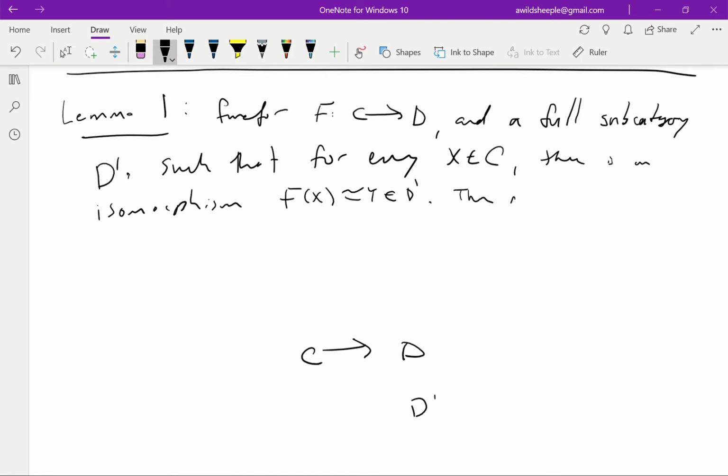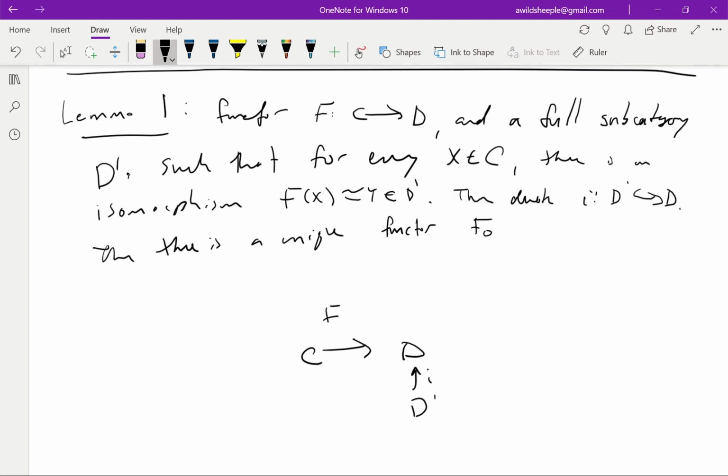Then we denote by I the inclusion as a functor from D prime to D. And in this case, there is a unique functor which we'll call F0. And F0 will have a natural isomorphism, which we'll call maybe theta, from F to I composed with F0.